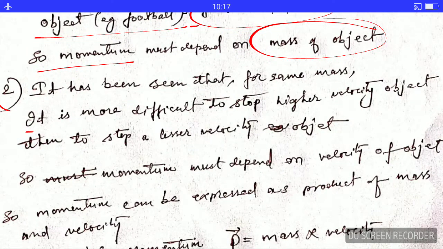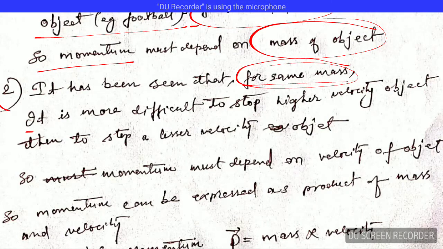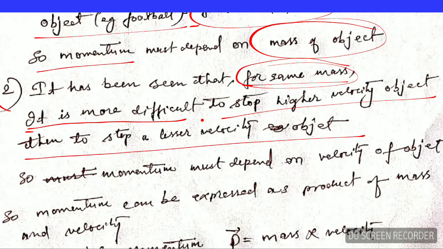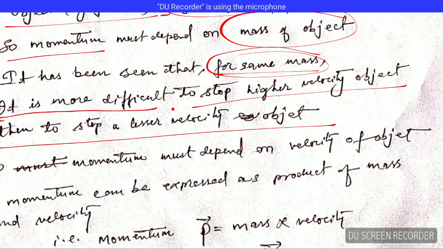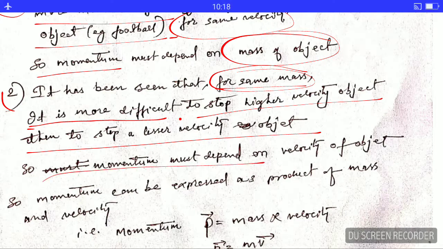Now, for the same mass, if two objects have the same mass, it is more difficult to stop the higher velocity object than the lesser velocity object. This is also our day-to-day experience. That means momentum must depend on the velocity of the object.